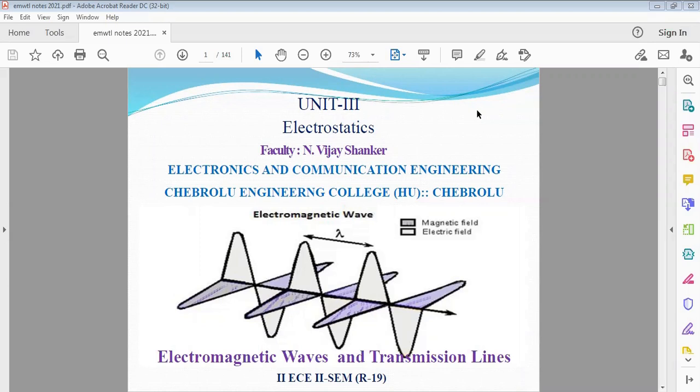In the last class, we completed the resistance, R, by taking any conductor with a length L and applying the voltage V. By deriving this expression, the conventional current and the electron current directions are different. We found the resistance R. And now we go for finding the concept of capacitance.